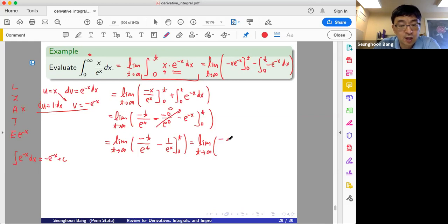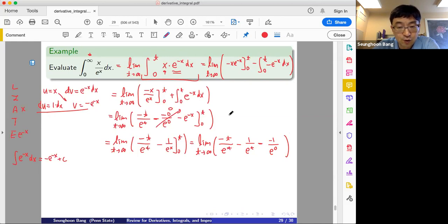The first one is negative t over e to the t. You can plug t in, minus 1 over e to the t, minus negative 1 over e to the 0. As t approaches infinity, we have t and e to the t.